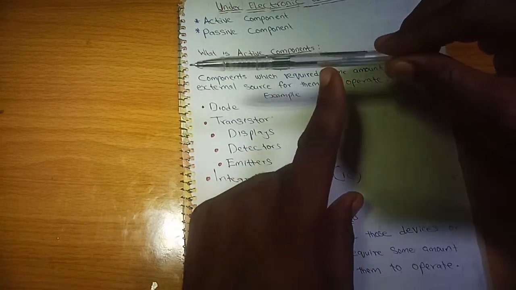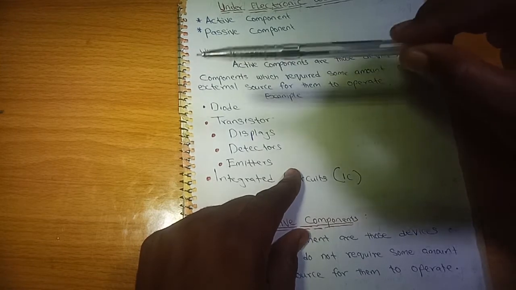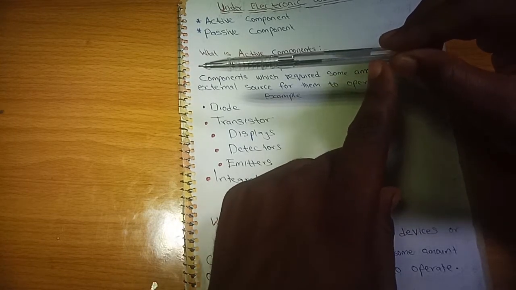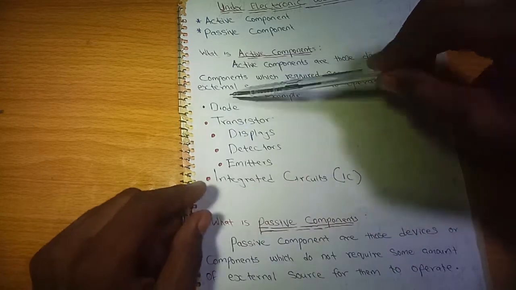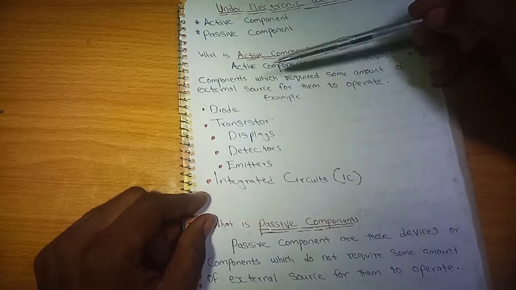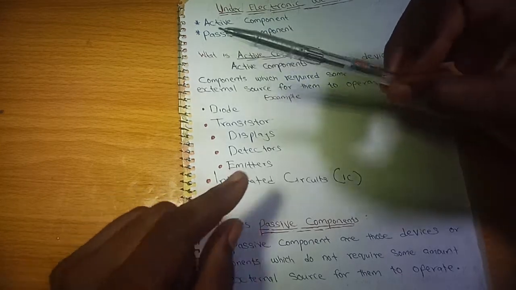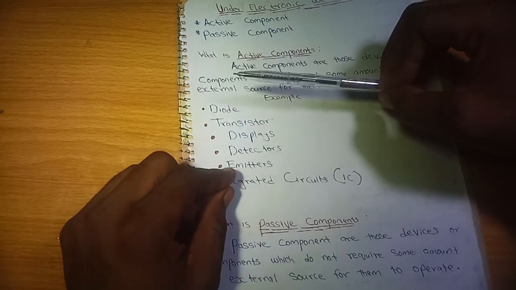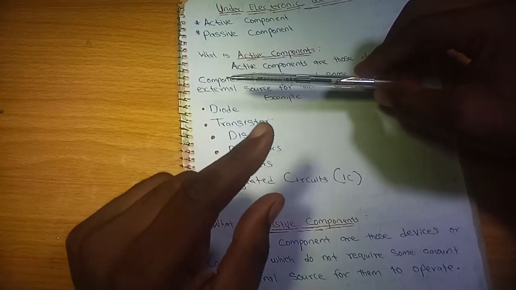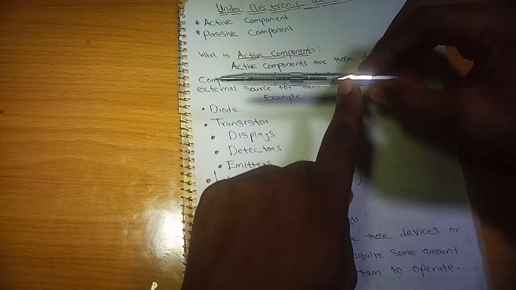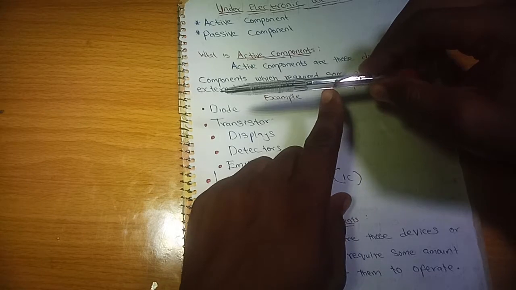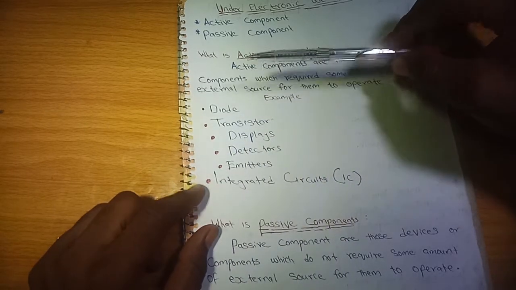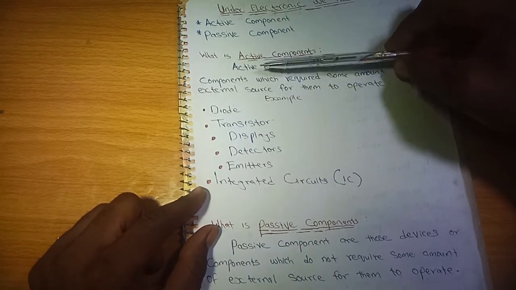For this pen to activate and click like this, it must reach up to that 1 volt in order to perform its work. So that is what we call active component. Any component or any device that requires some specified amount of voltage to work falls under the category of active component.